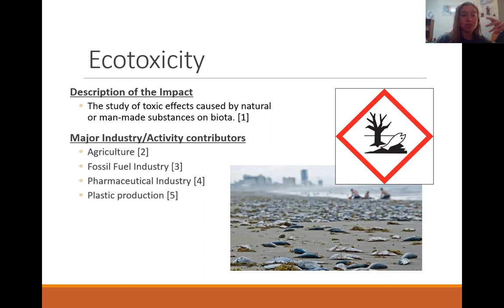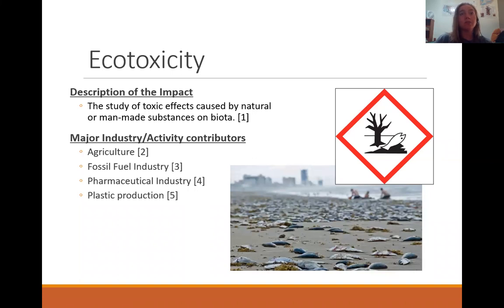Some major industry and activity contributors are mainly sourced from agriculture, so a lot of pesticides and herbicides or fungicides are washed away from fertilizers and things like that. The fossil fuel industry, this is especially significant when there is an oil spill or anything like that.